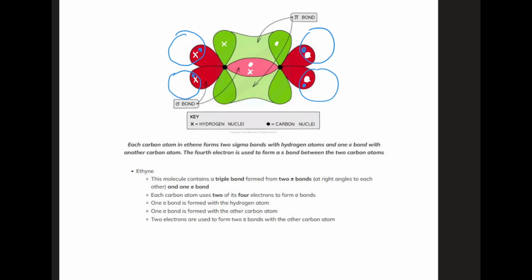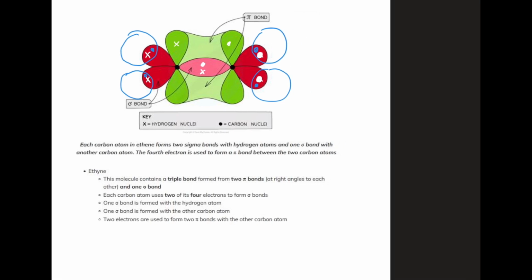So you can see the sigma bonds. 1 sigma bond, 2 sigma bond, and 3 sigma bond. This is the pi bond. Okay, sigma bond, and sigma bond. So then you can see it this way.